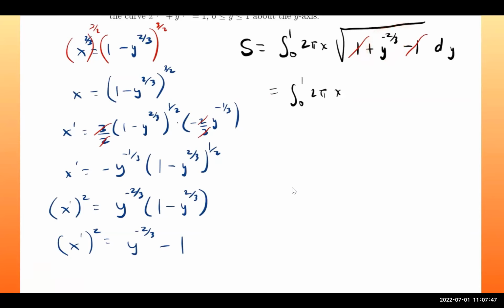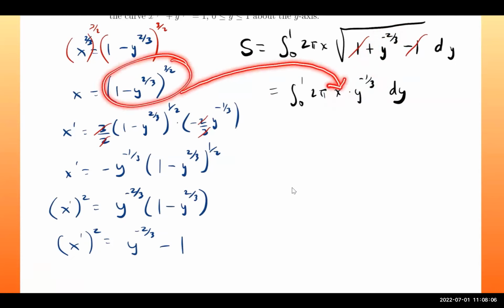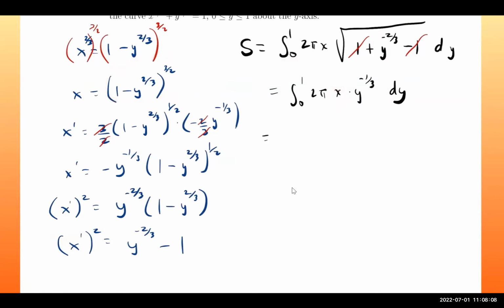So the square root of this is just going to be y to the negative 1/3. That's what happens when you take the square root, or this to the 1/2 power. The 2s cancel and you're left with negative 1/3. But now you have to replace the x with the function so that we can write this in terms of y. So if you do all that, you're going to get the integral from 0 to 1 of 2 pi, 1 minus y to the 2/3, to the 3/2, y to the negative 1/3, with respect to y.